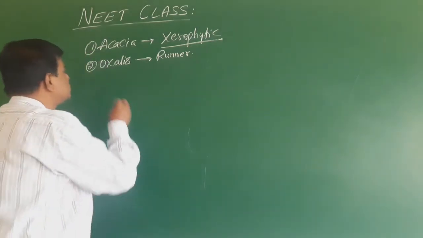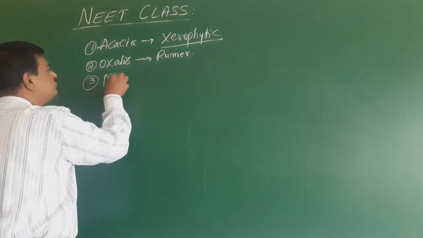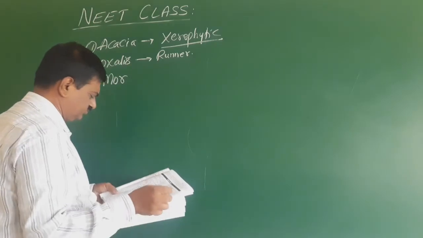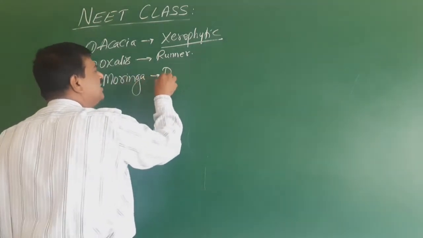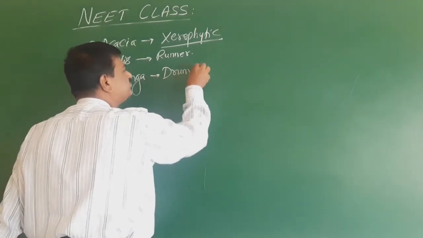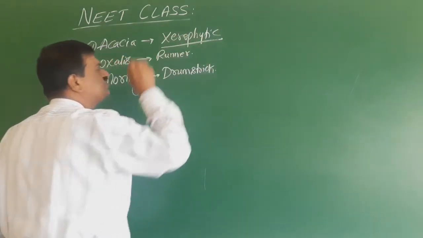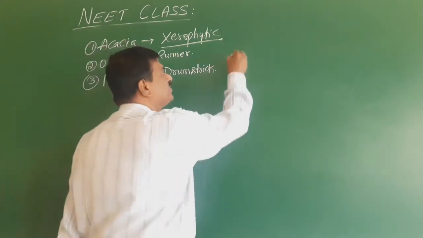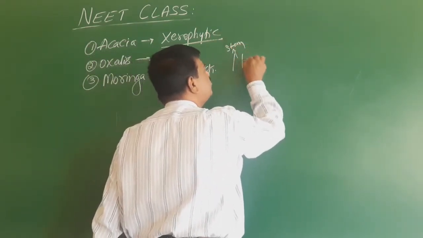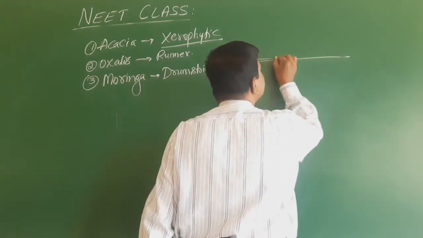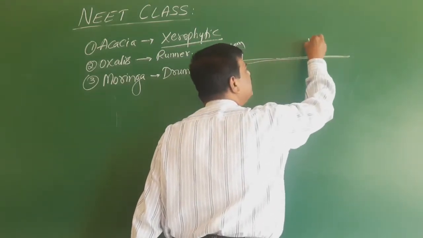And the third one is Moringa. So Moringa is commonly called drumstick. So this drumstick has a stem. The stem gives rise to the petiole. The petiole is extended as the primary rachis.